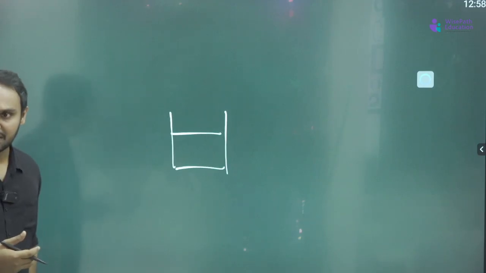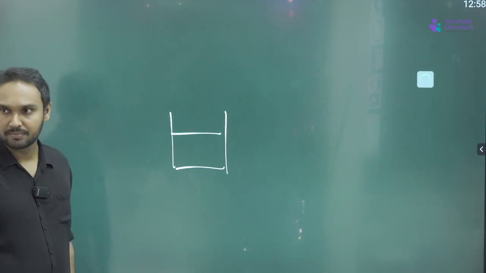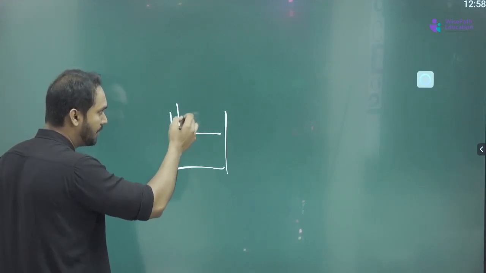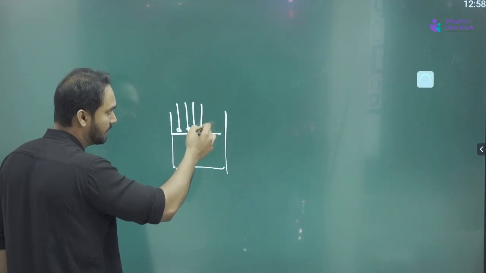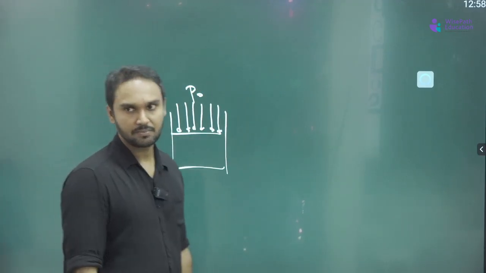Usually the atmospheric pressure is the pressure by the air, so it applies everywhere, right? Now on a water surface, the pressure is applied directly to the surface, downwards. Get it? This is the atmospheric pressure P0, right?